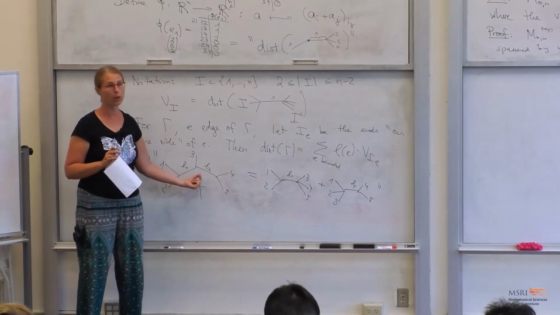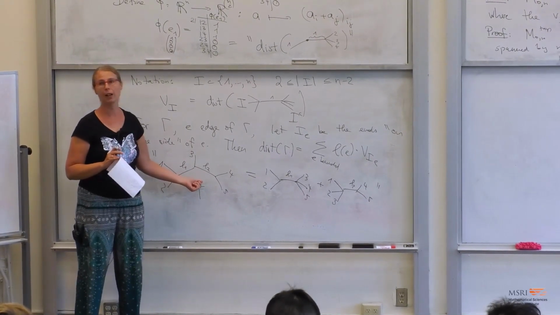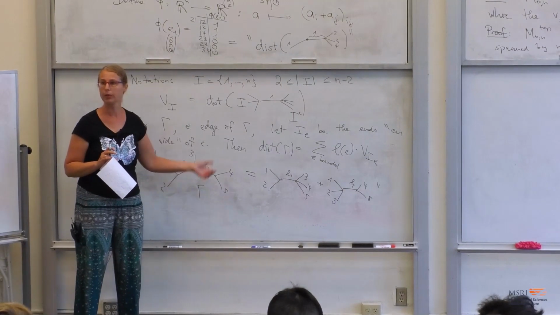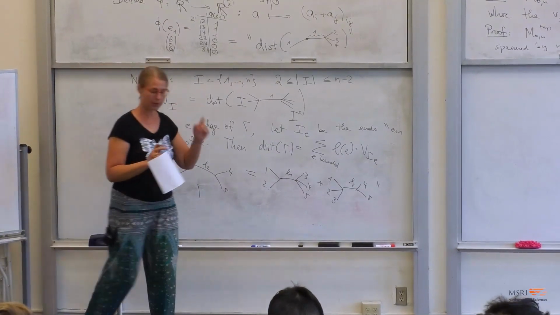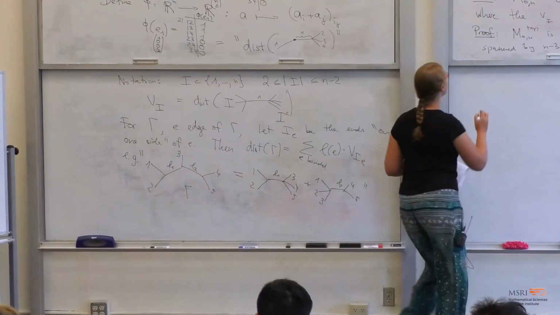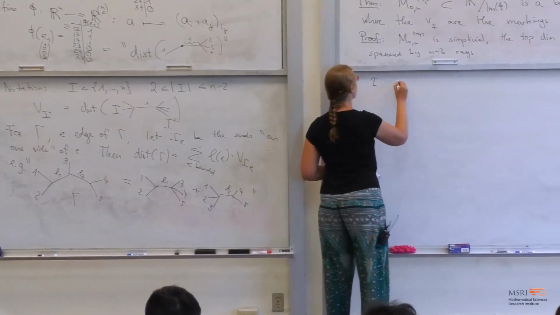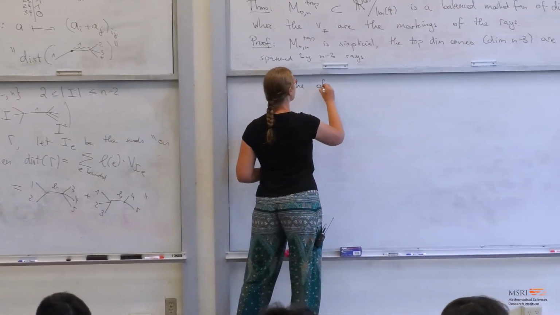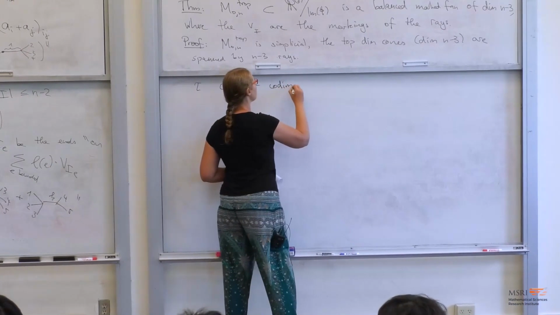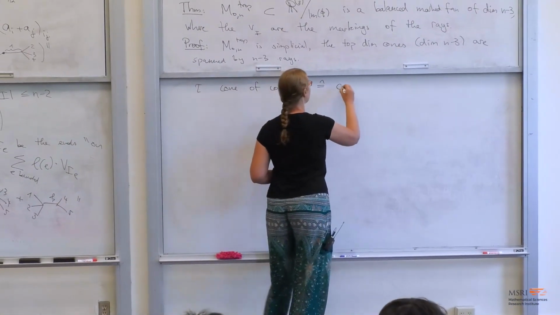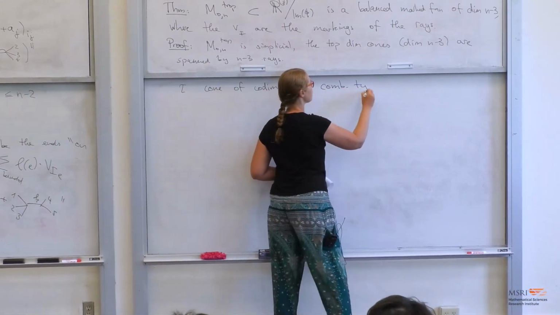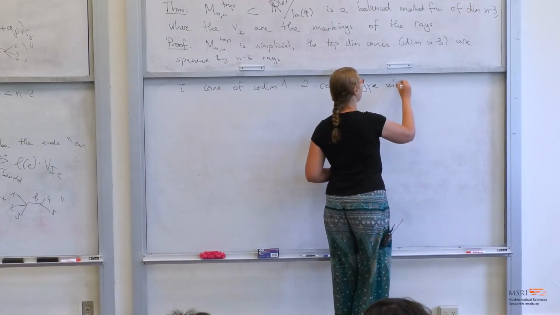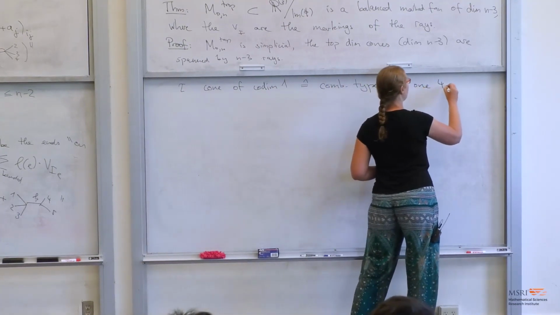And if I shrink one length, then I produce exactly one 4-valent vertex. I'm 3-valent everywhere else, but I have exactly one 4-valent vertex. So tau, a cone of codimension 1, corresponds to a combinatorial type with one 4-valent vertex.